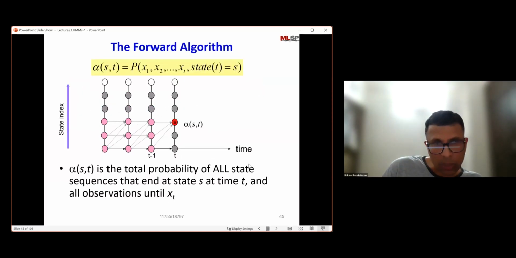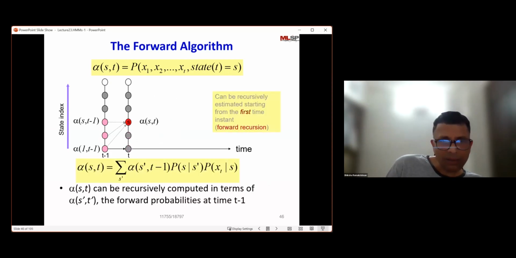So alpha S,t is the total probability of all state sequences that end at state S at time t, while generating all observations until time t. So alpha S,t is P of x1 through xt, and state at time t is S. And you can see where this is going. This can be recursively computed.